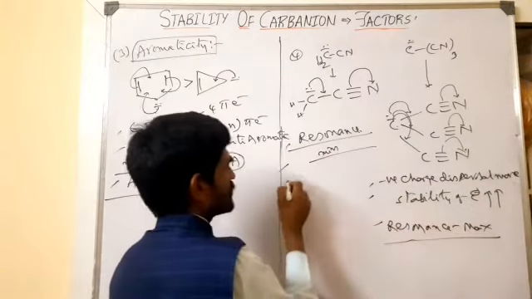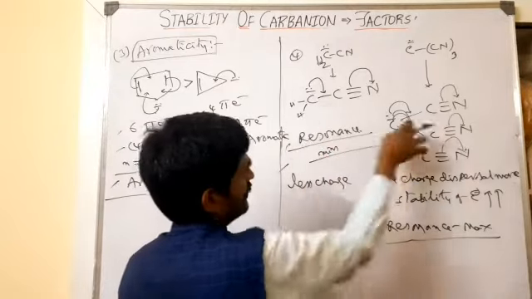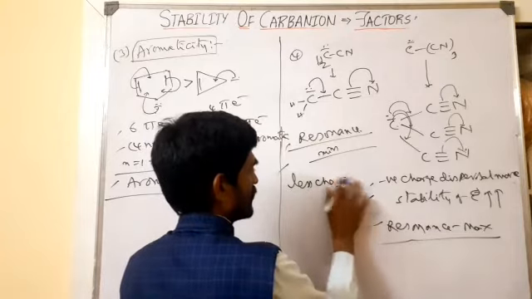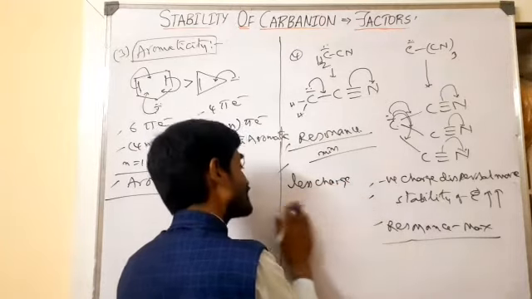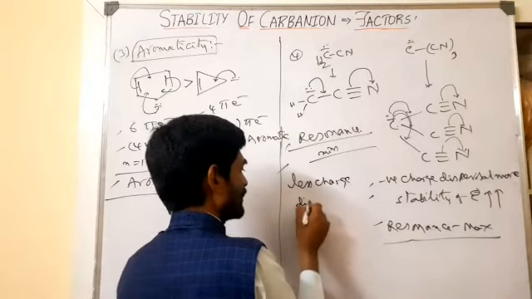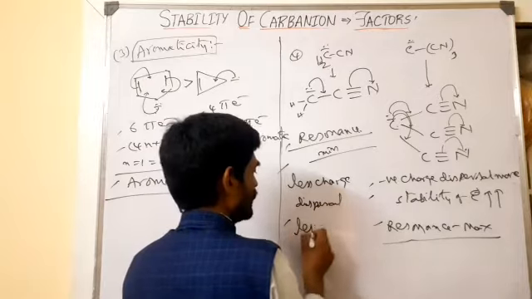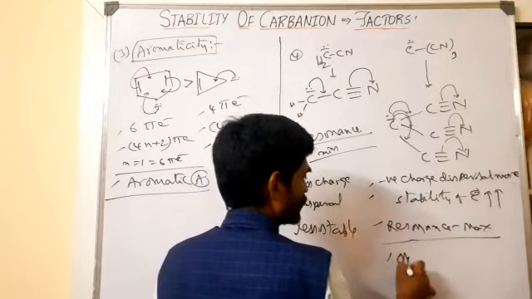Here there is less charge dispersal. Here two hydrogens are there, but there all cyanide groups are there. Less charge dispersal means the charge density does not decrease that much. So that's why this is less stable, and this is more stable.